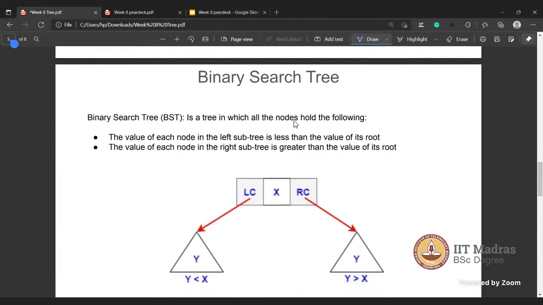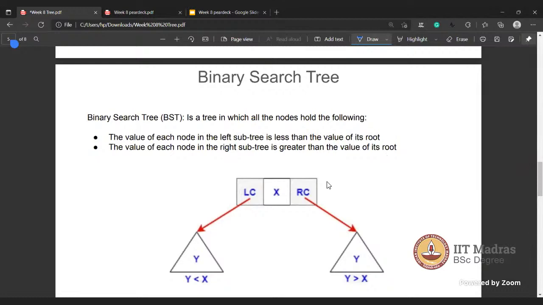And then binary search tree. A binary search tree is a special form of binary tree, where the value of each node in the left subtree is less than the value of its root, and the value of each node in the right subtree is greater than the value of its root.